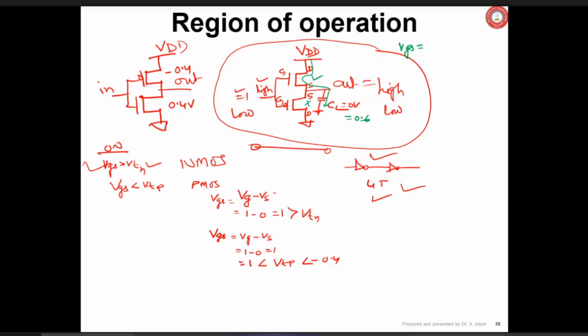VGS is 0.4 volt. Okay. Now, if the CL tries to rise up beyond 0.6 volt, what will happen? Will the MOSFET be on or will it be off? As per our condition, what is it telling?